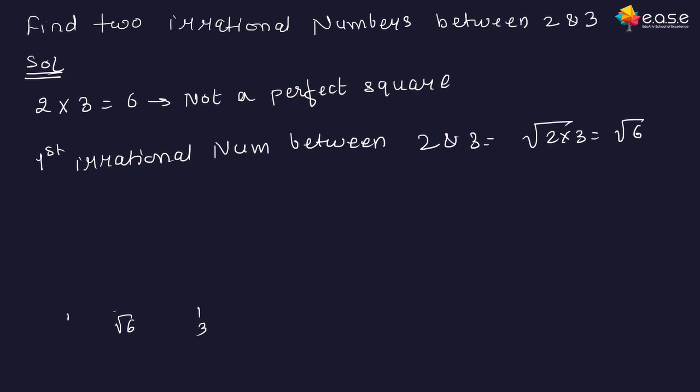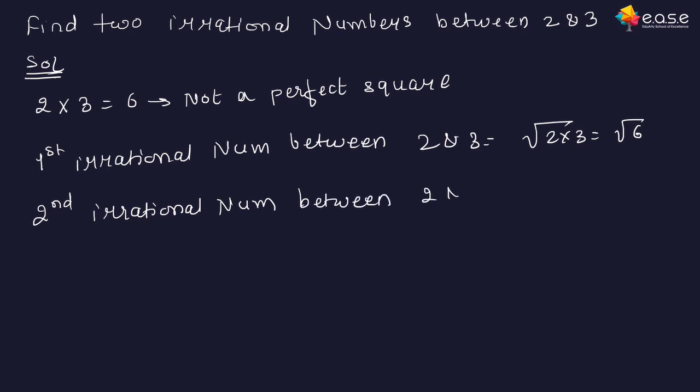So the second irrational number will be between 2 and root 6, which will be root of 2 into root of 6.